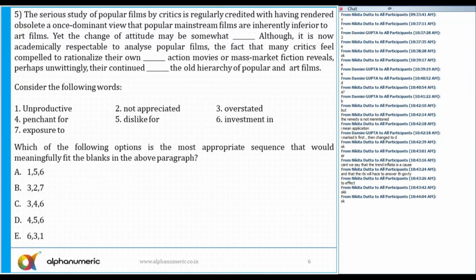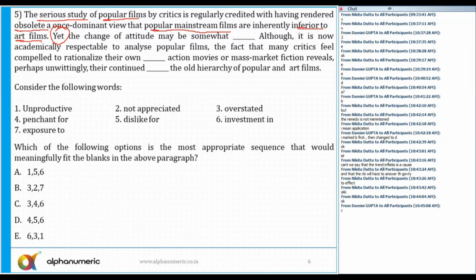So these days, popular films are being seriously studied. That means the earlier view that popular films are inferior to art films has become obsolete because now people are seriously studying popular films. Even though this is happening, yet the change of attitude may be somewhat dash.